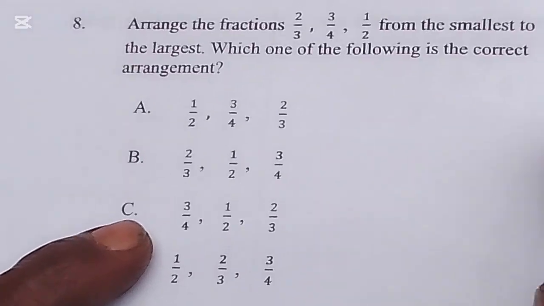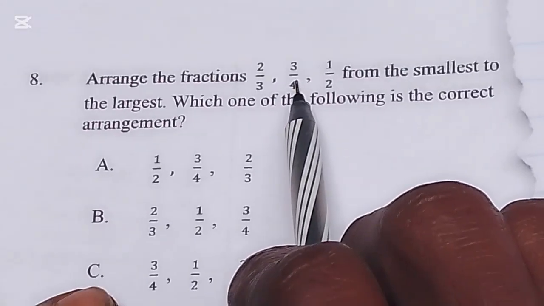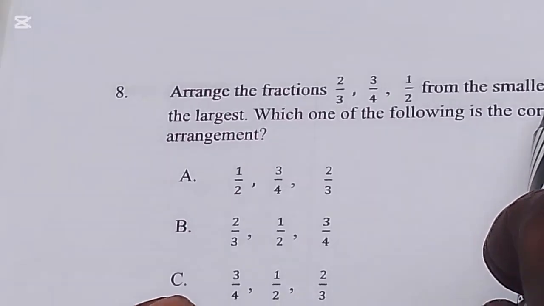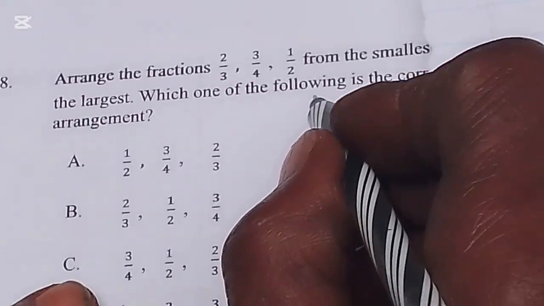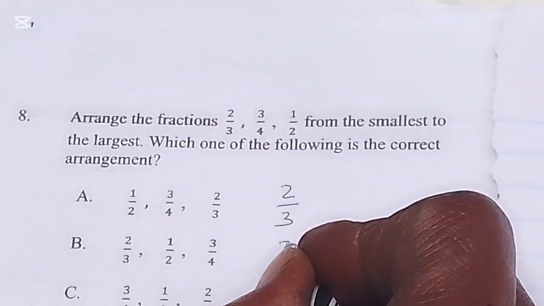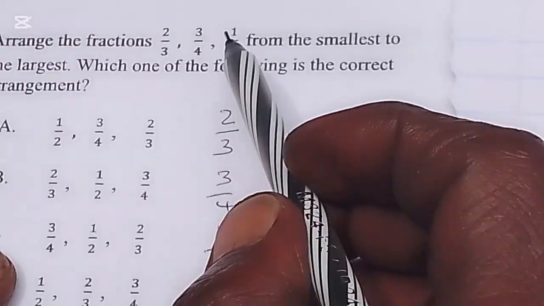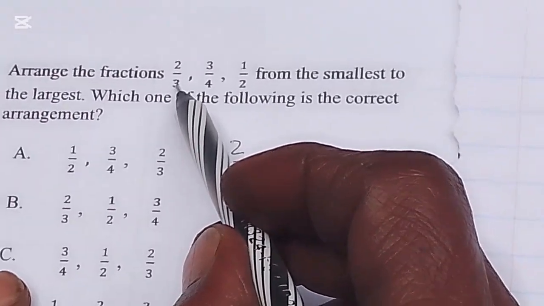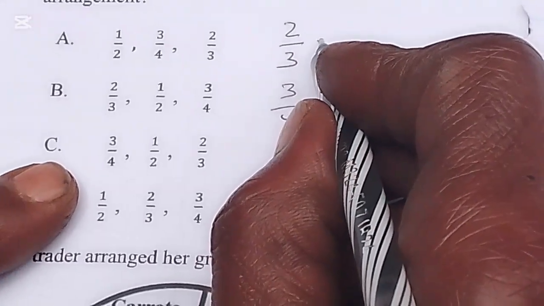Number 8. Arrange 2/3, 3/4, 1/2 from the smallest to the largest. Which one of the following is the correct arrangement? You find the LCM of the denominators. 3, 4, 2 is supposed to be 12.